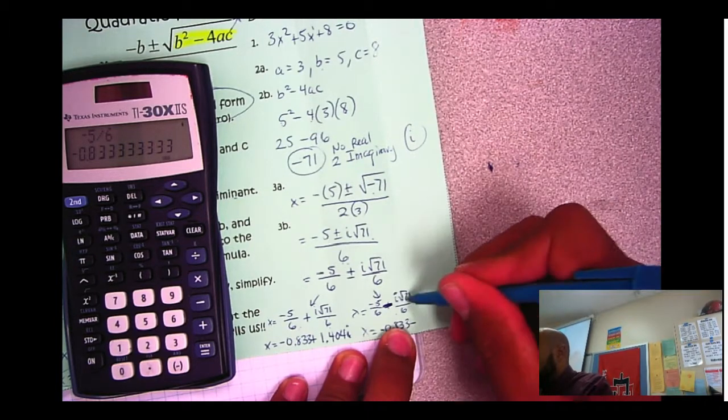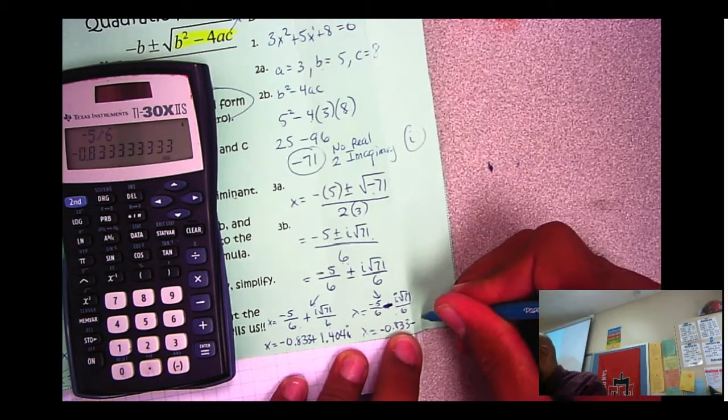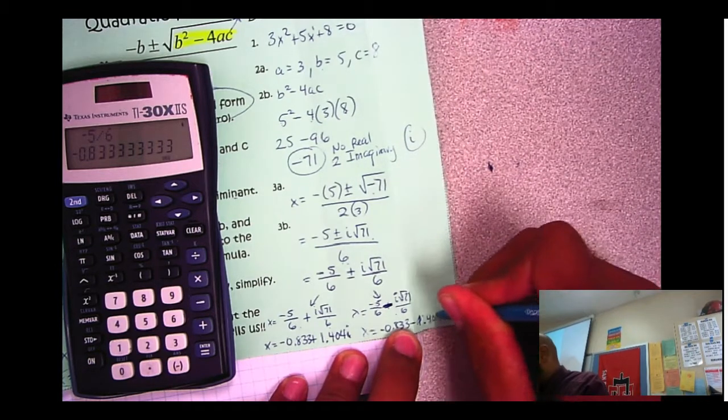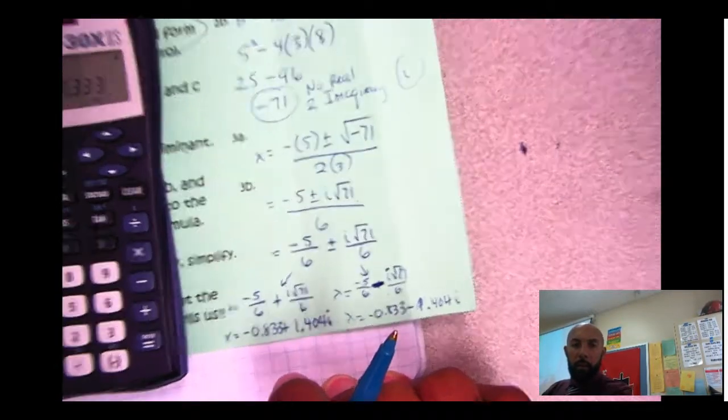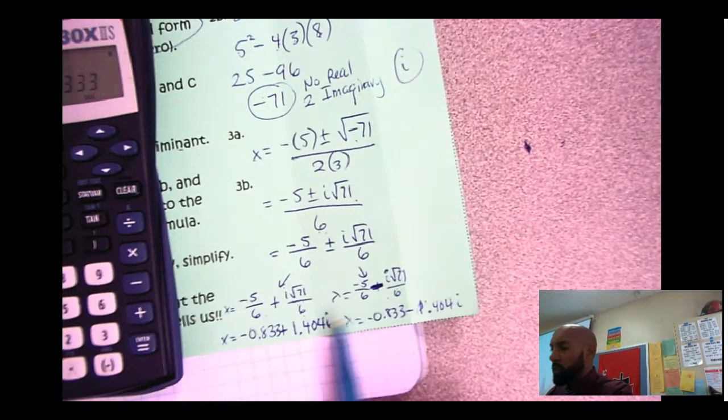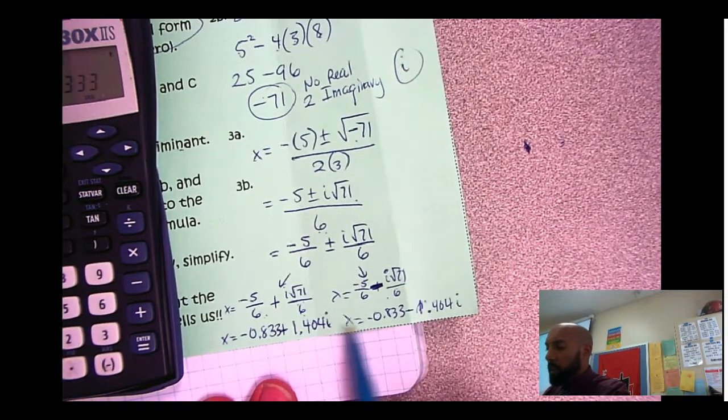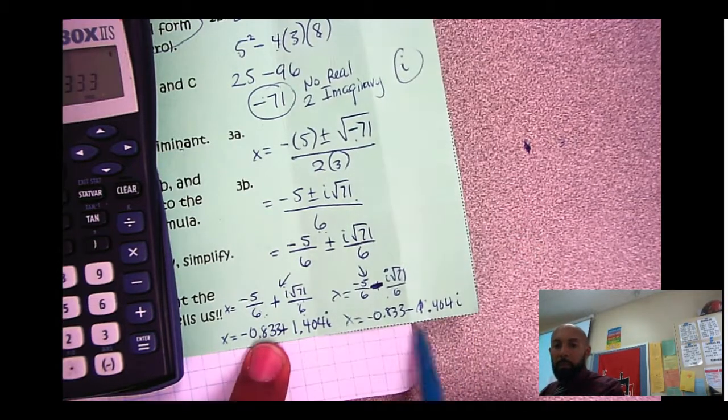Square root of 71 over 6. So now it's the same thing, just minus in the middle this time. Zoom in a little bit so you guys can see that. So the nice thing is that even though you have to split it, at least you don't have to find the decimal twice, because all you're doing is changing the sign in the middle. And that's it.